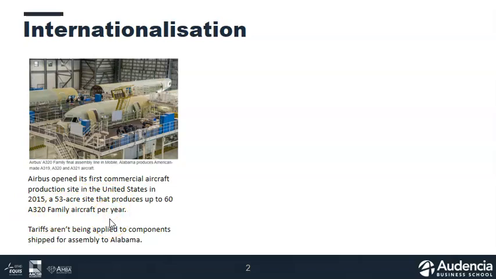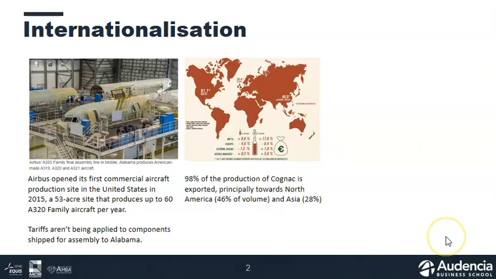Airbus was facing some significant tariffs imposed by the Trump administration, and to overcome these tariffs, Airbus was able to invest and build its own facilities to assemble airplanes within the United States, and the components avoided the tariffs.